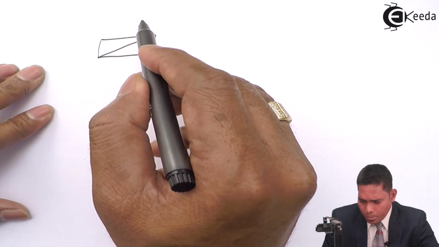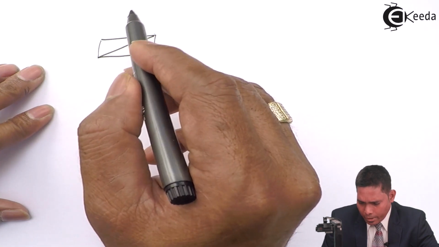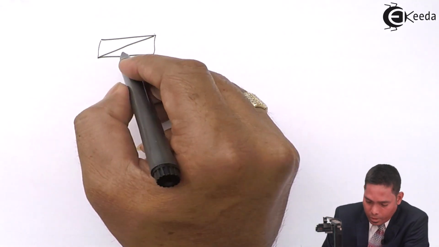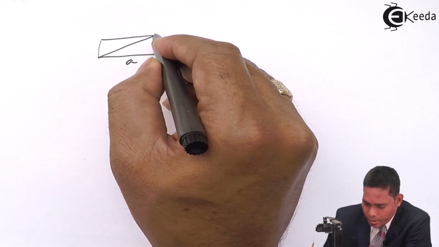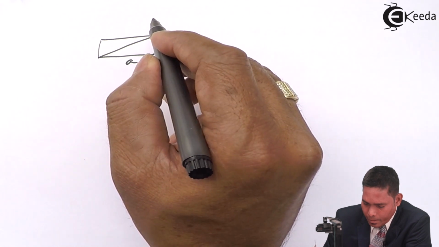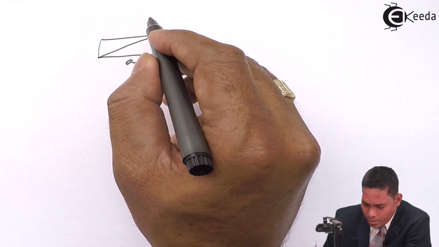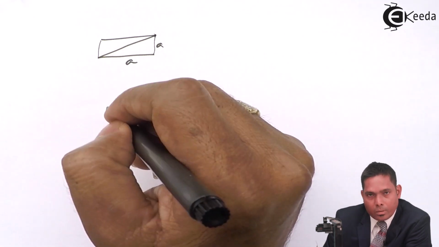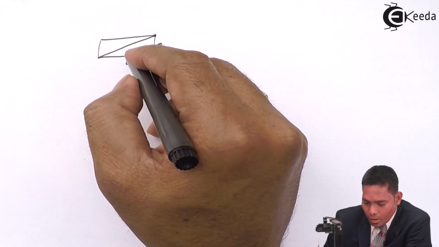Then you have to go up by a, and join this point, that is the body diagonal.